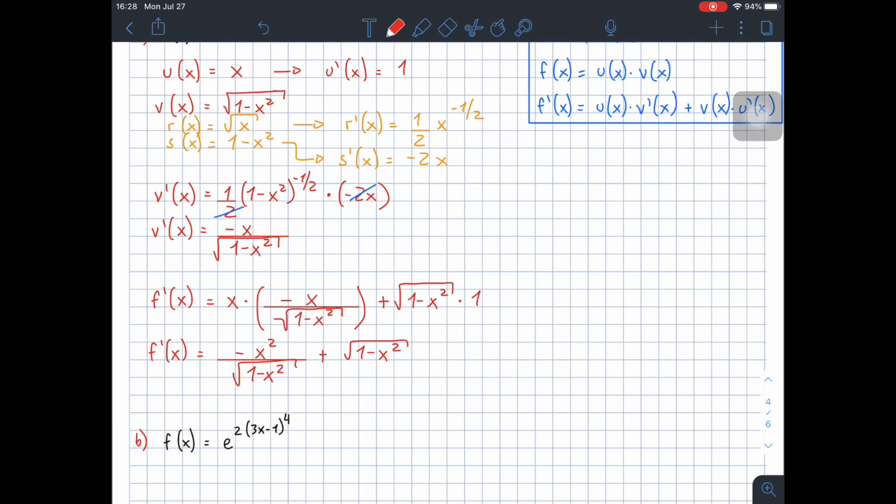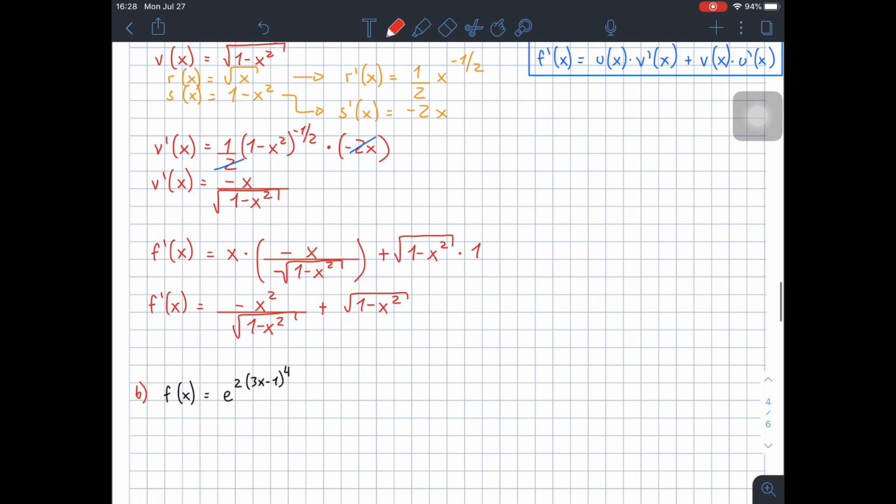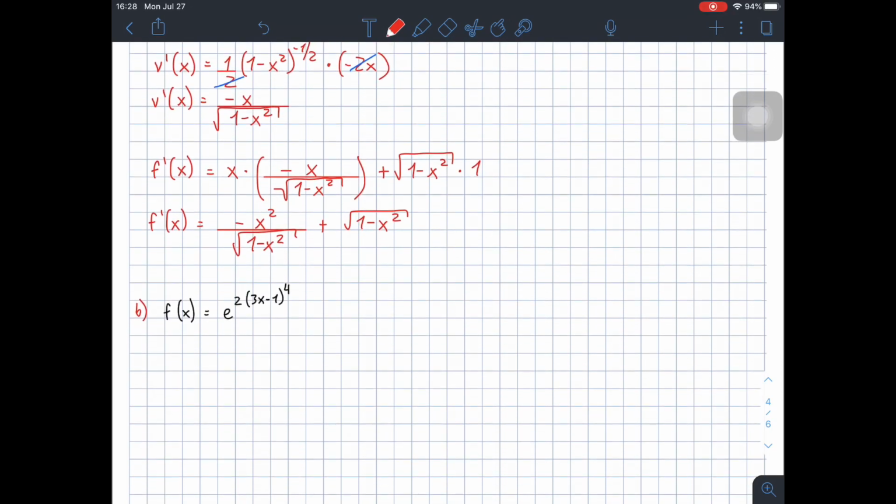I can, if I want, simplify this a little bit more. I'm going to write the final answer by simplifying this, but if you stay with this, this will be fine. The final answer, the most simplified version, would actually be f prime of x equals 1 minus 2x squared over the square root of 1 minus x squared.